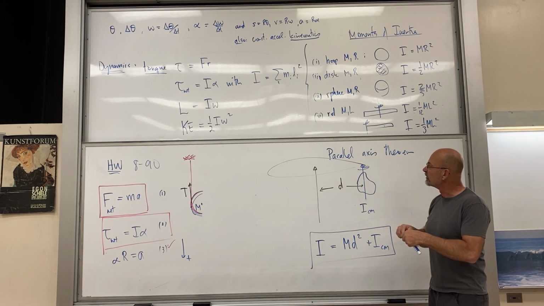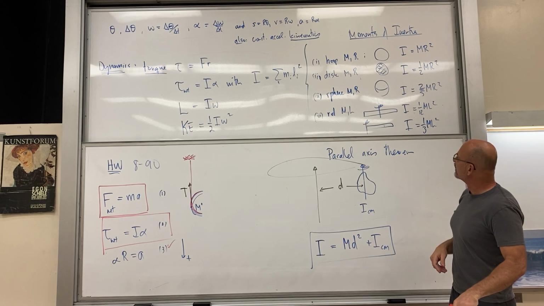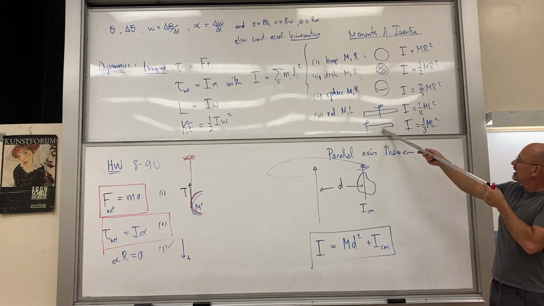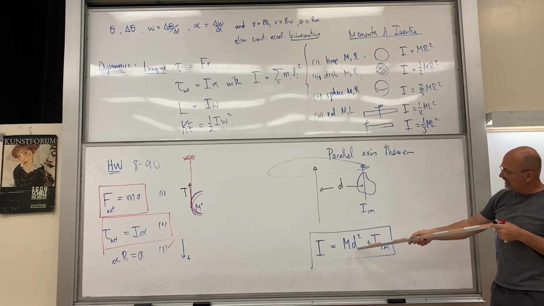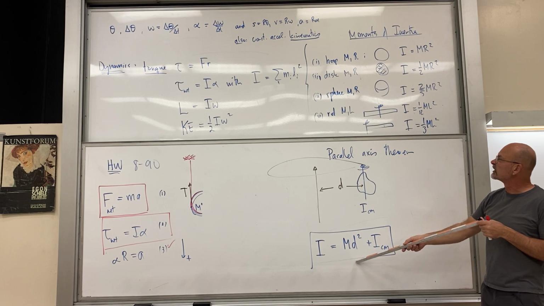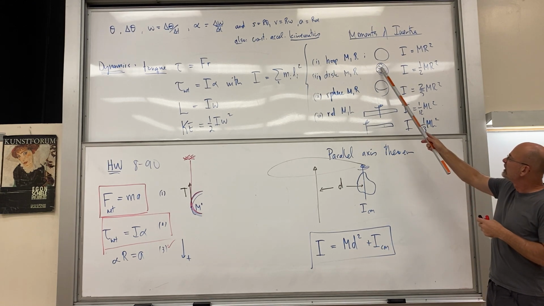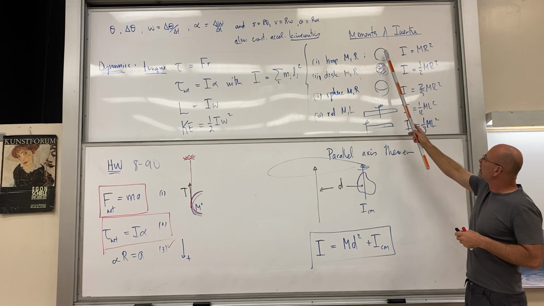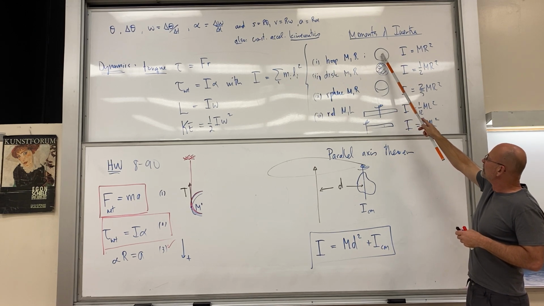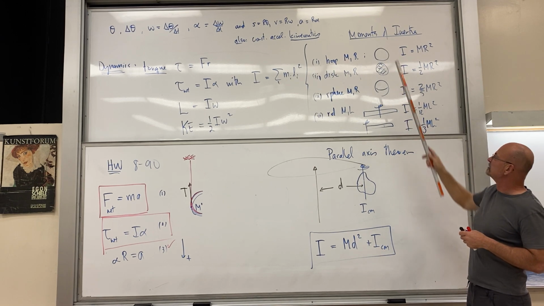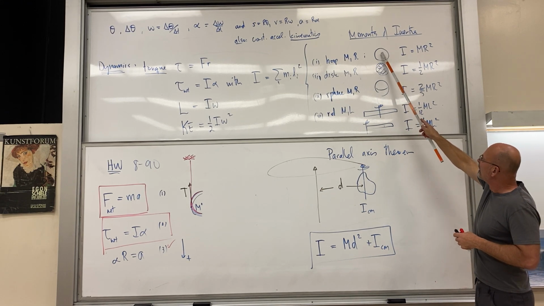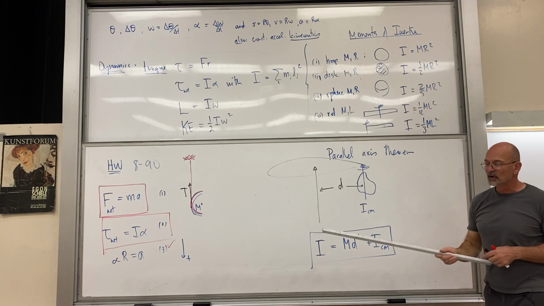So this is a really good theorem because you could now rotate spheres, hoops, and other things about an axis that is not the center of mass axis, and you could gain all manner of new moments of inertia.